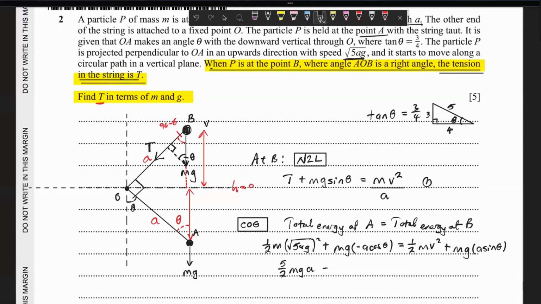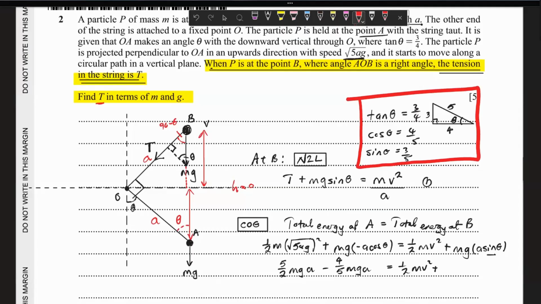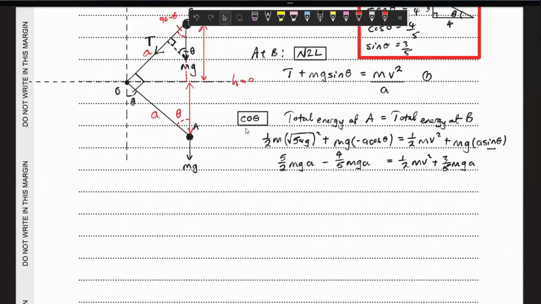But cosine of theta here is 4/5, so that's going to be minus 4/5 mga, being equal to half m v squared, plus, since sine theta is 3/5, plus 3/5 of mga. So we have the information we need.